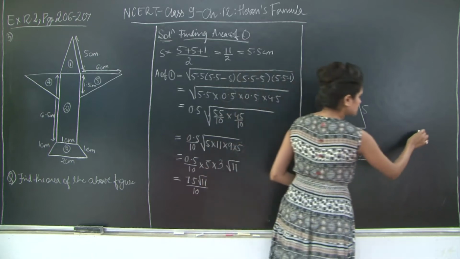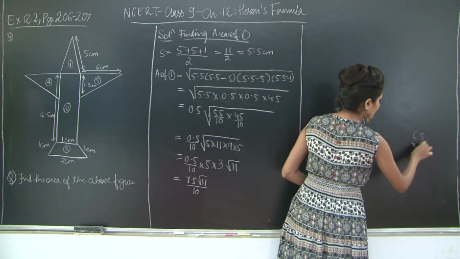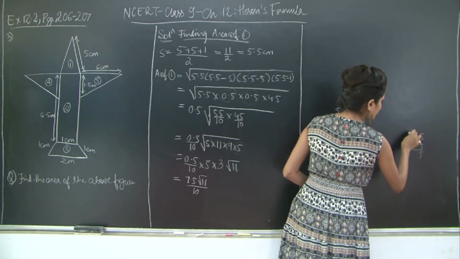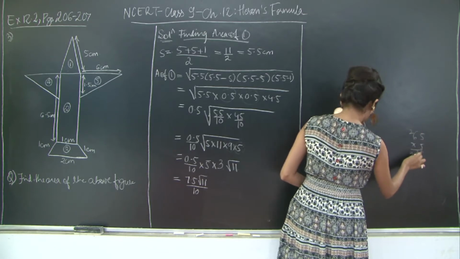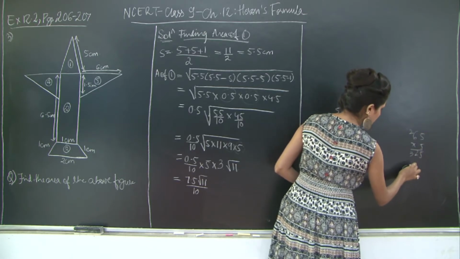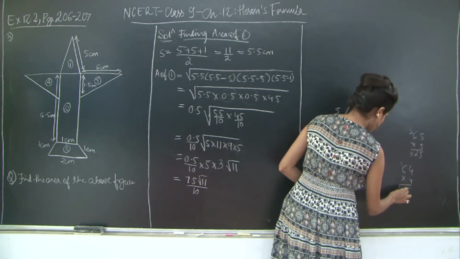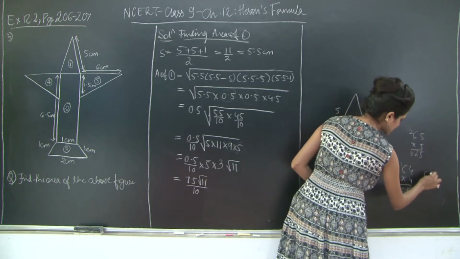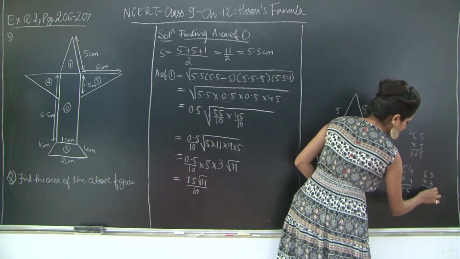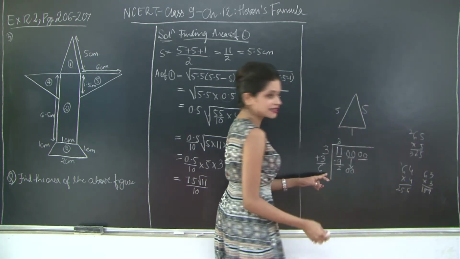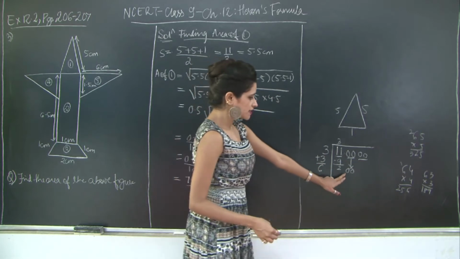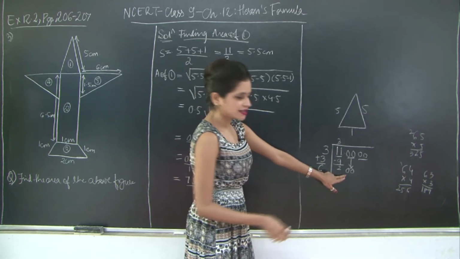Now, let us check for 65 into 5. 5 5s are 25, 5 6 are 30, 32. So, 325. This won't work. So, I will take 64 into 4. 4 4s are 16, 4 6 are 24, 256. So, 63 into 3, 3 3s are 9, 3 6 are 18. So, 189 would work because it is less than or equal to 200.